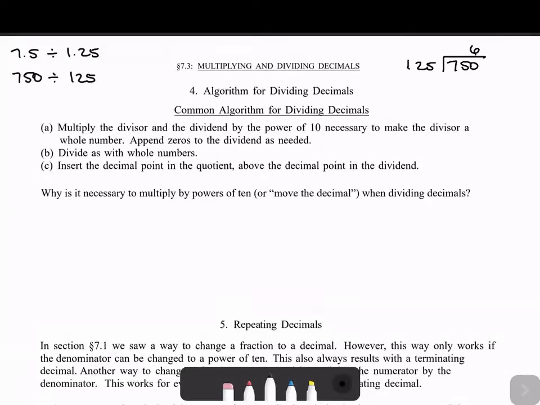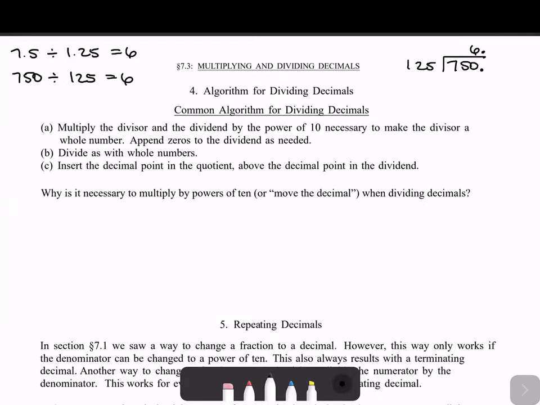So where you insert the decimal point is in the dividend, the number you divide. That decimal point, after we divide by our divisor, we just put right there. So this is 6 in both cases. So you just write it right up.